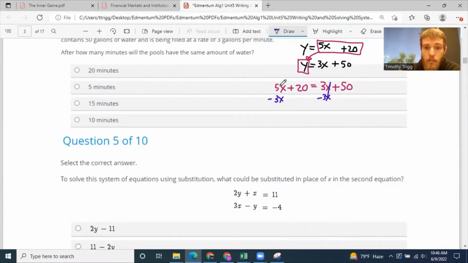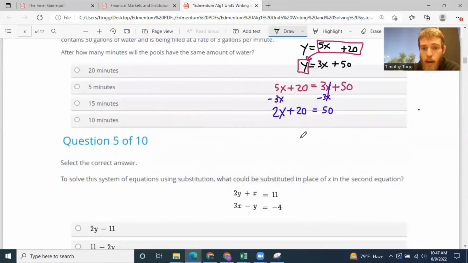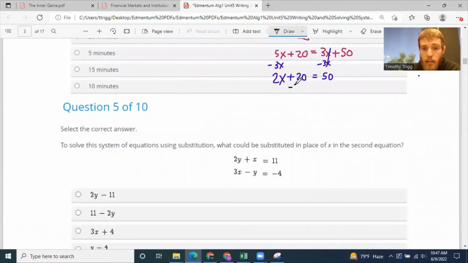So that's good. 5x minus 3x, 2x. So we have 2x. There's still a plus 20 over here, equals, and then 50 on the right. Now let's go ahead and solve for x. So what would be my next step? Hopefully you'd see I could subtract 20 on both sides of the equation. Generally, we get rid of whatever's adding or subtracting first.